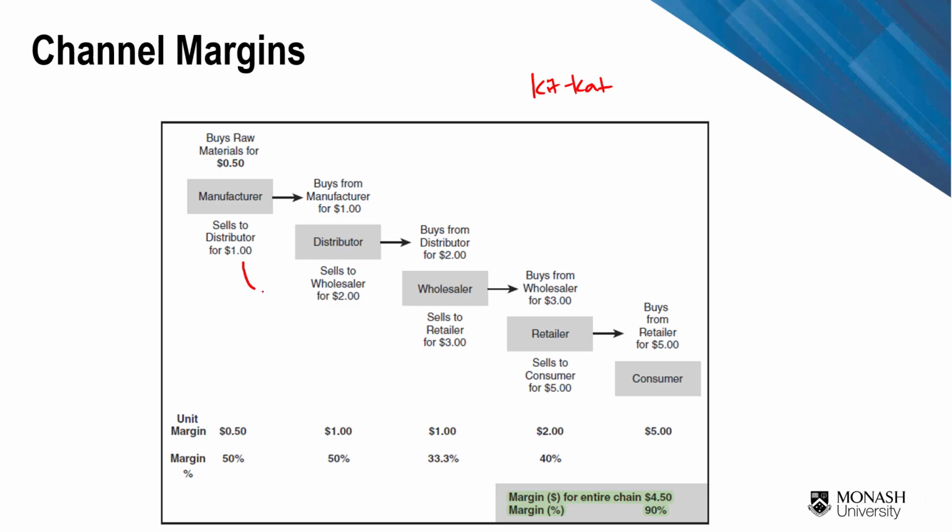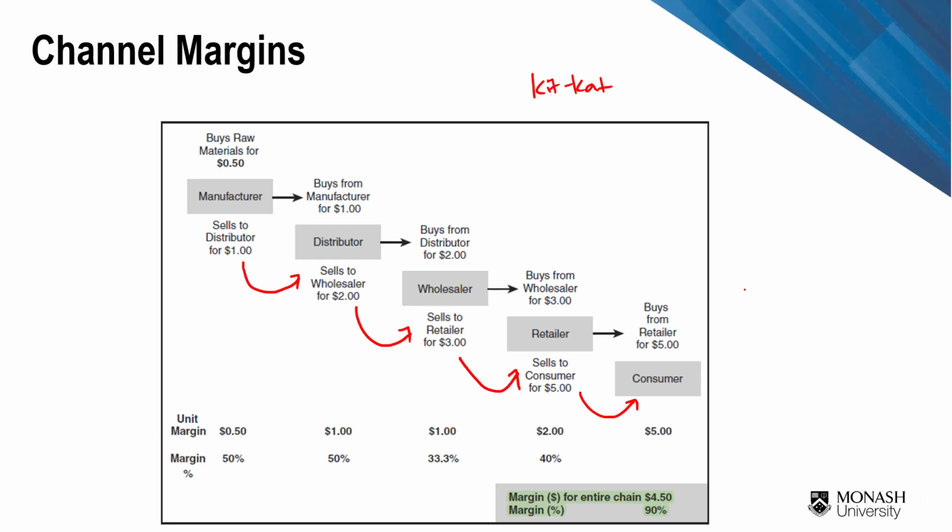Then it may be sold to a distributor of Kit Kat. For example, if the Kit Kat is made in Indonesia, there will be distributors in each country. Let's say there's a distributor in Australia. They will be shipped to that particular region. Then it will be given to a wholesaler. And then this wholesaler might pass it on to retailers, like Coles and Woolies. Then it ends up being passed to you as the consumer.